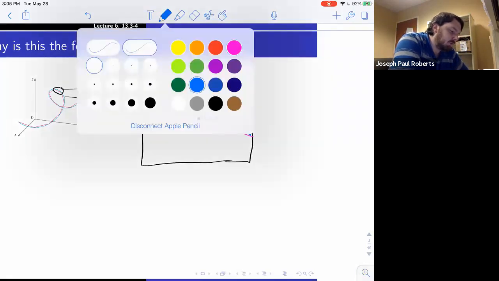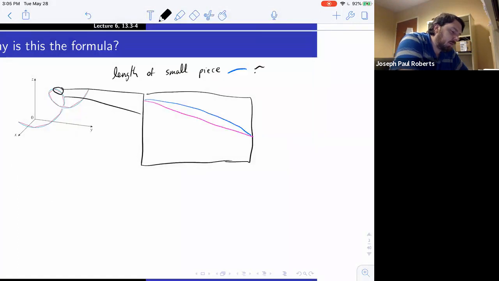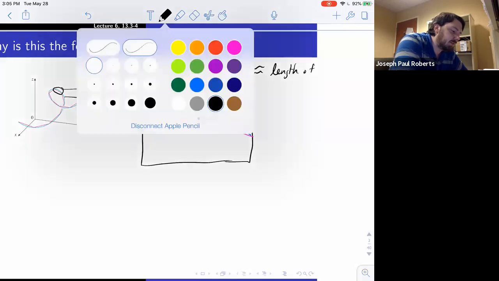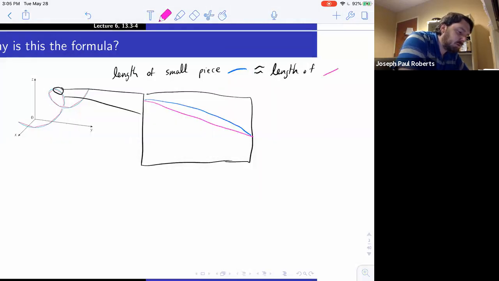And so if you zoom in far enough, the length of that small piece is approximately the length of that straight segment. So just like in Calc 1, when you zoom in far enough, there's not too much deviation between the line segment and the blue curve.